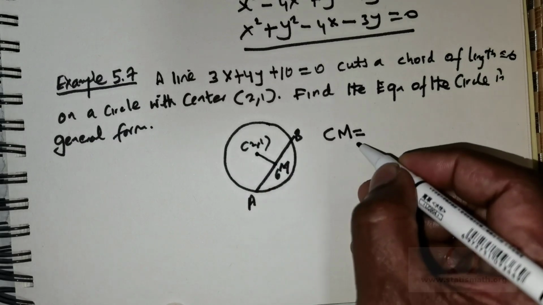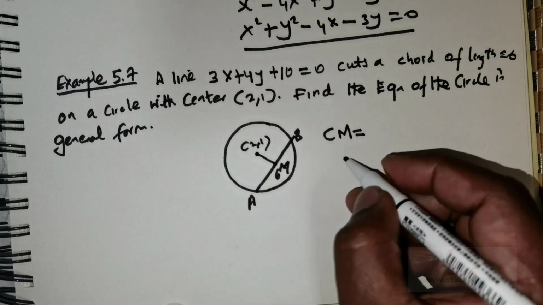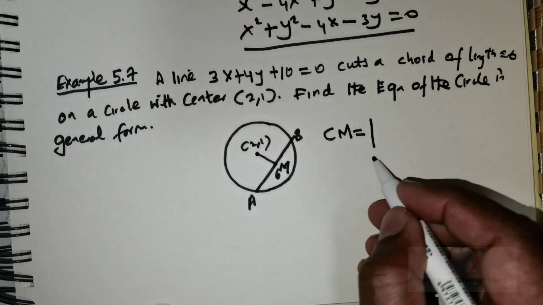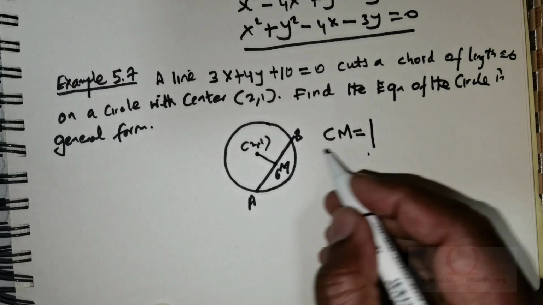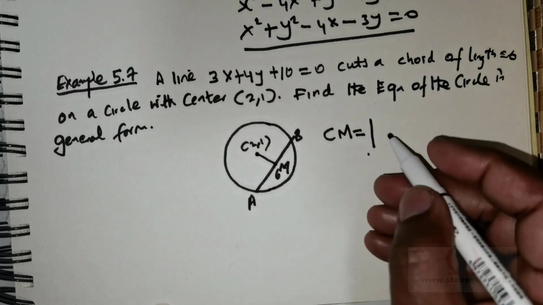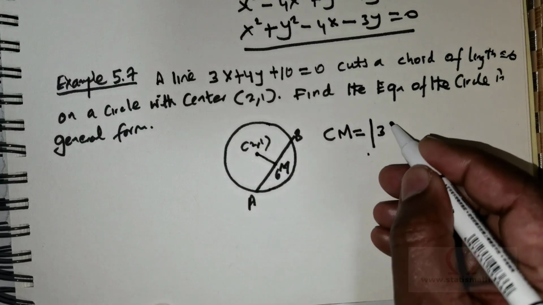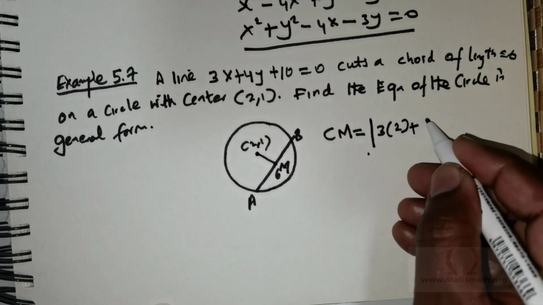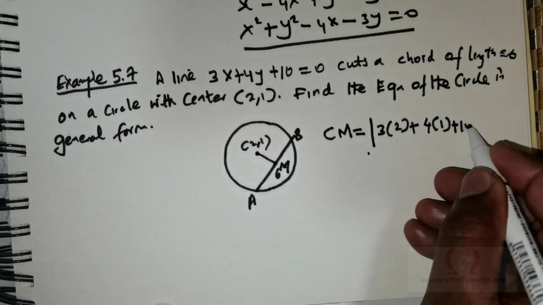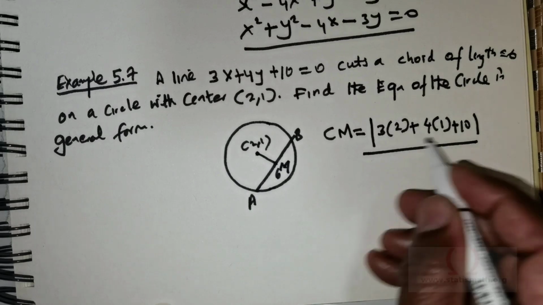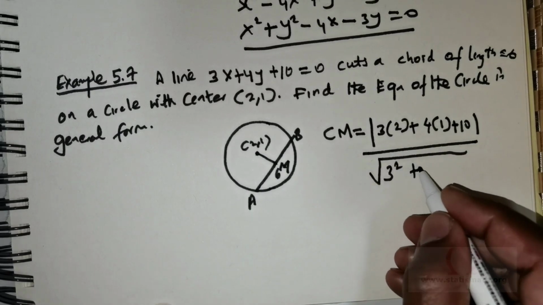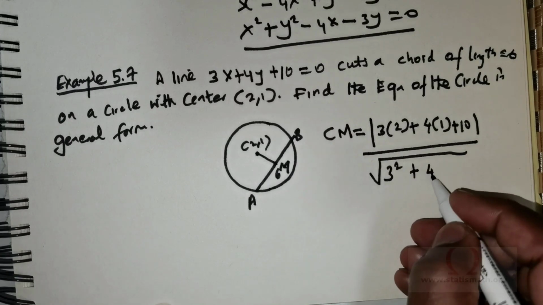To find it, we find the magnitude of CM by substituting the point (2, 1) into the line under the modulus sign: |3(2) + 4(1) + 10| divided by the root of 3 squared + 4 squared.